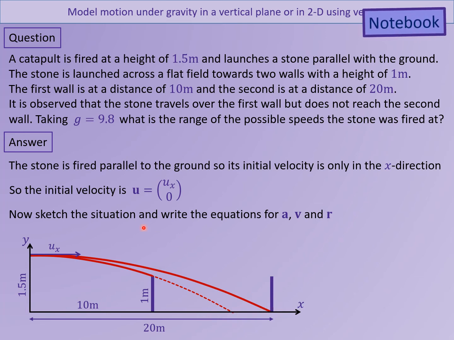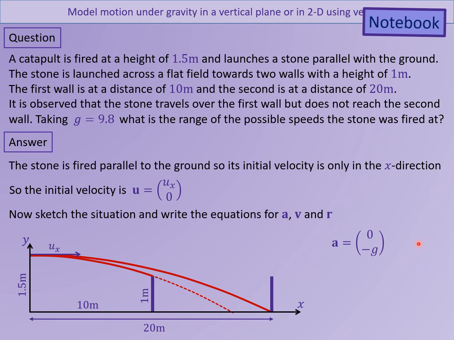So how do I go about working out these two speeds, if that's the only thing I don't know? Well, what I do know is that this is a projectiles question. That stone does not have its own little thruster pack on it. It's falling under gravity. So as soon as I recognise it's a projectiles question, I'm going to write a equals 0, minus g.